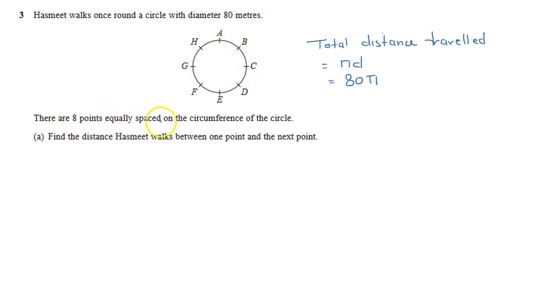Now there are 8 points equally spaced. So 1, 2, 3, 4, 5, 6, 7, 8. So 8 points in a circle, so we are dividing this circumference into 8 equal parts. Find the distance Hasmeet walked between one point and the next point.